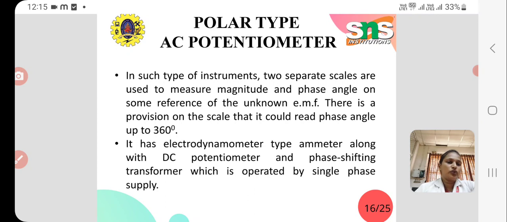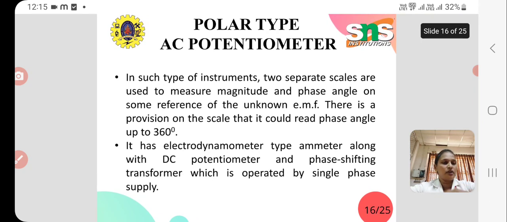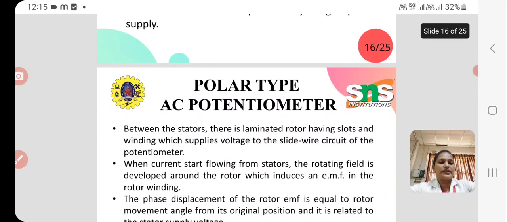It has an electrodynamometer type ammeter along with a DC potentiometer and a phase shifting transformer, because the AC supply cannot be given directly to a potentiometer. So the 230 volt AC supply is stepped down to 6 volts and fed to the potentiometer. It is operated by a single phase supply.